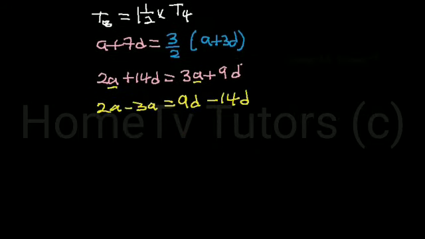Remember we found the value for D. So 2A minus 3A, we have minus A, equals 9D minus 14D, we have minus 5D. Alright, so now we can cancel the negative sign on both sides of the equation, so we have A equals 5D.